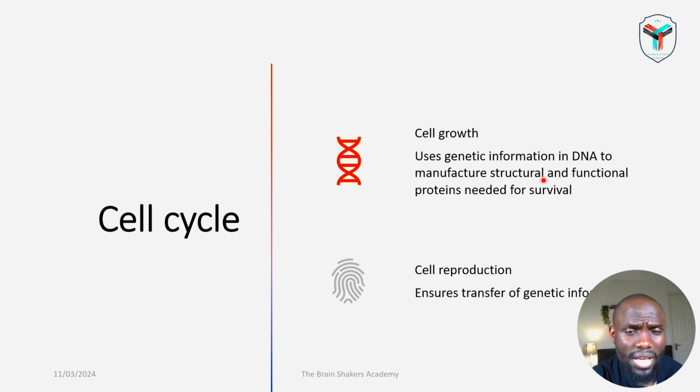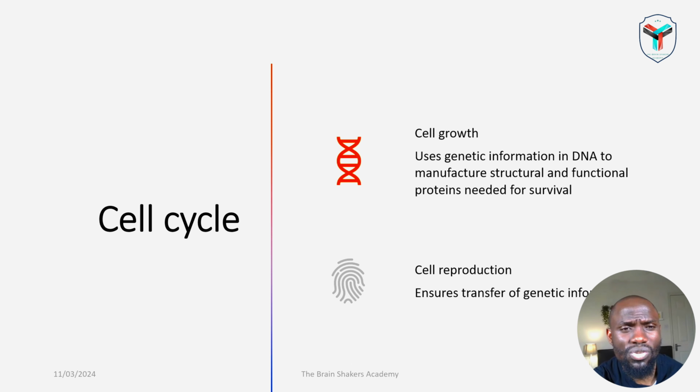The second stage is cell reproduction, where it ensures that it transfers all the genetic material into the daughter or resulting cell. So we have two main phases, the cell growth and the cell reproduction.